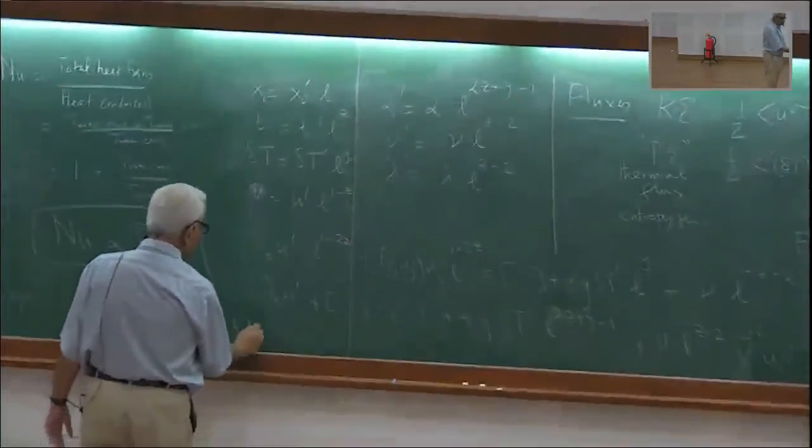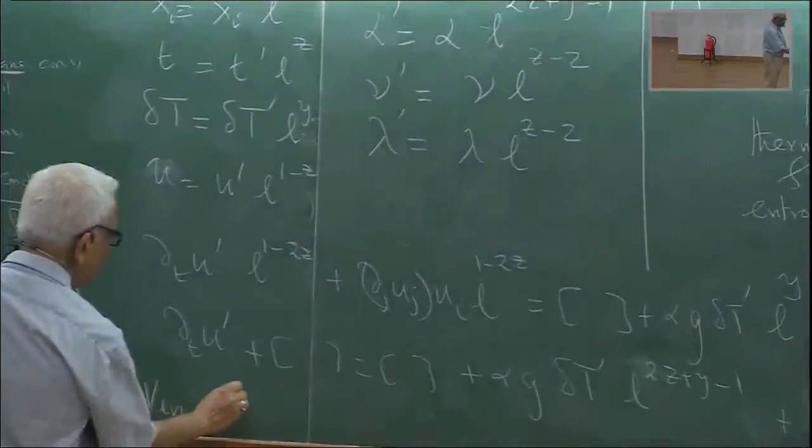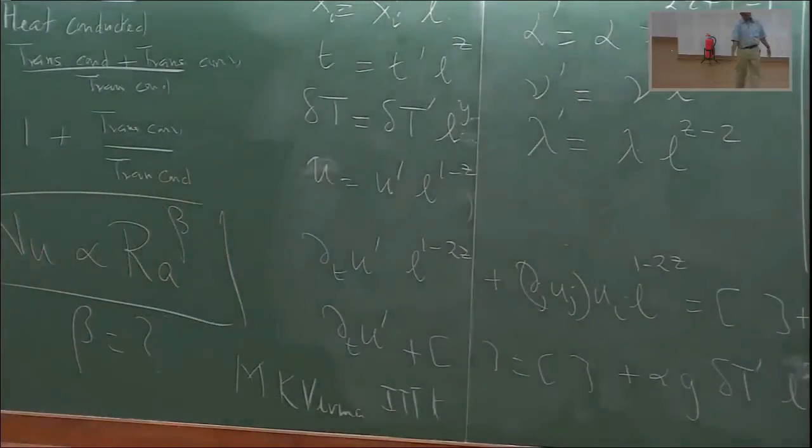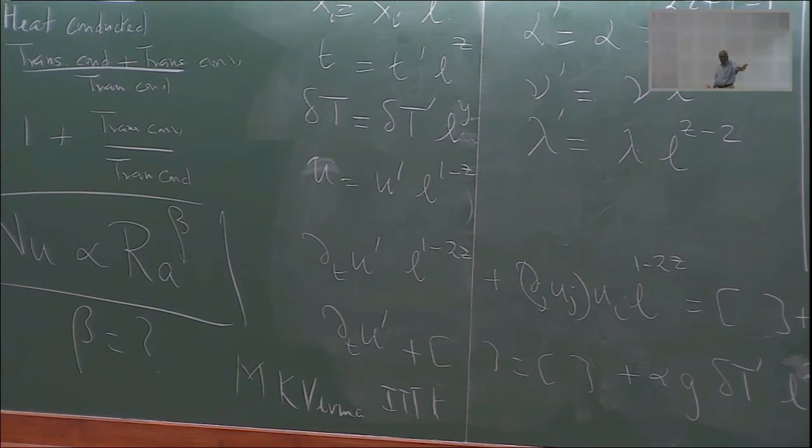They showed in 2014 that if you have heating from above and a stable stratification, you can see the 11 by 5 provided the buoyancy term dominates this term over here.